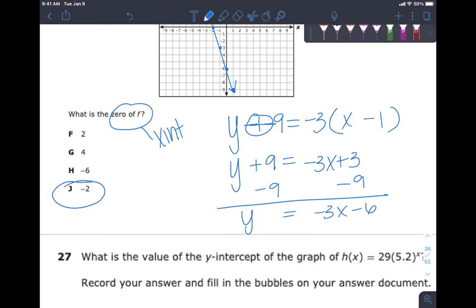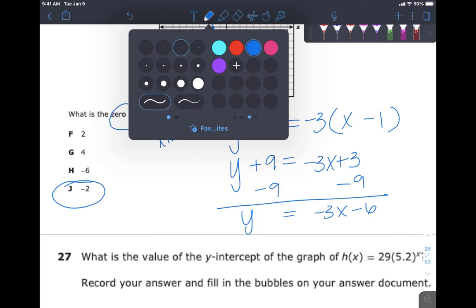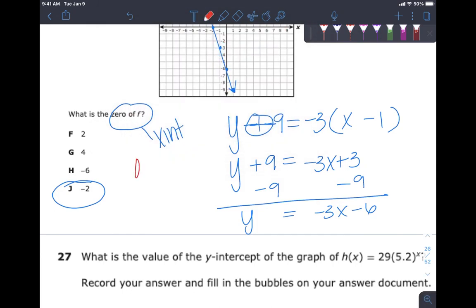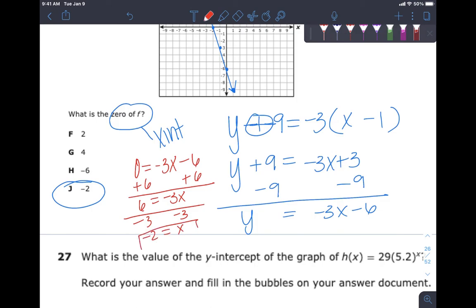I'm looking for the x-intercept, so I need to plug in y equals 0. I'll solve for x. Oh, whoops, wrong thing. All right. And I end up at the exact same answer.